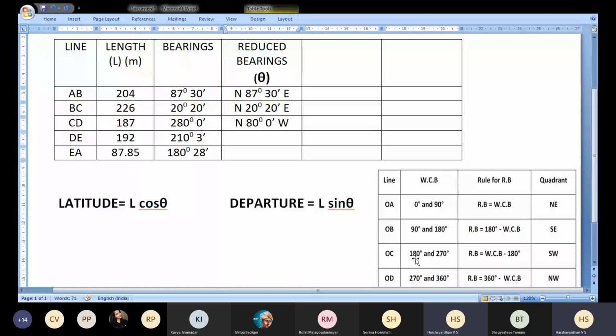It lies between 180 and 270, that is southwest quadrant. South 21 degrees 3 minutes west.